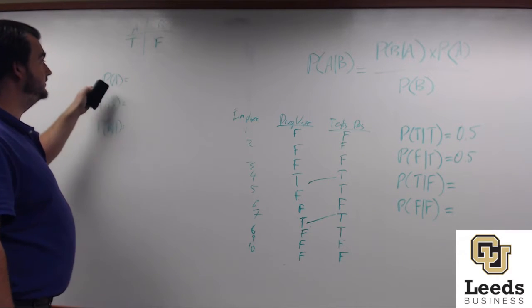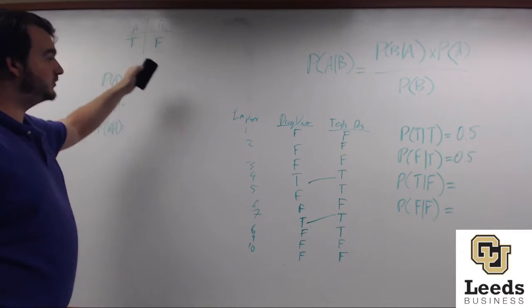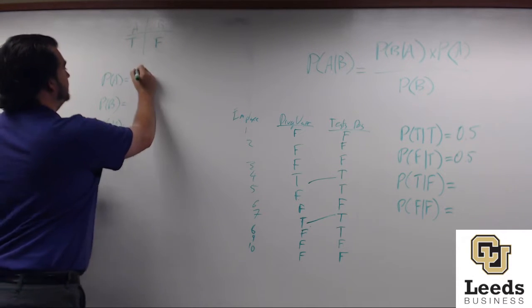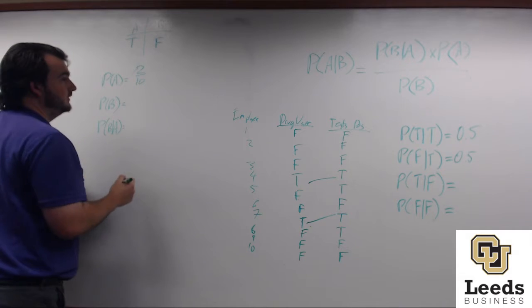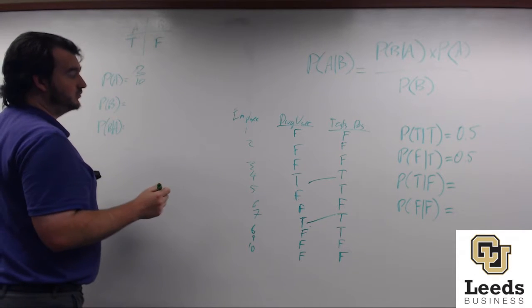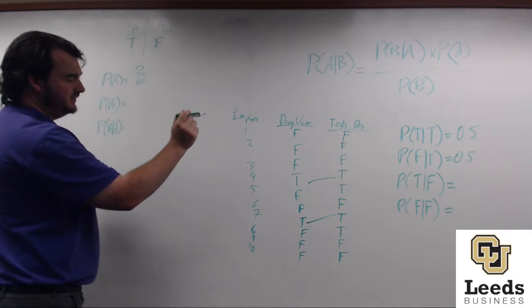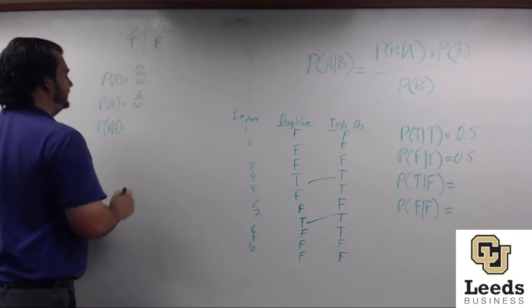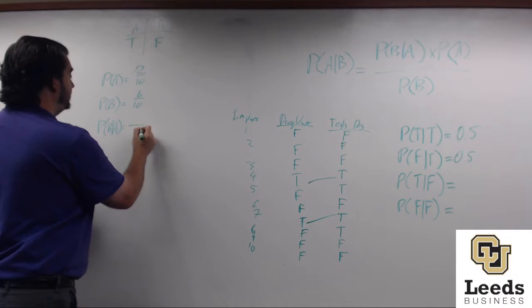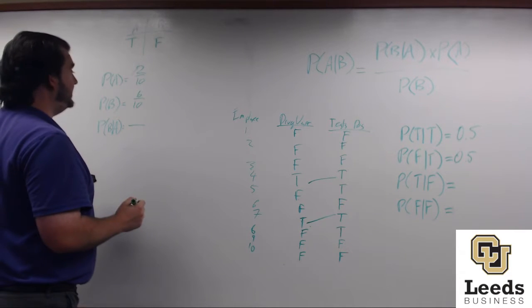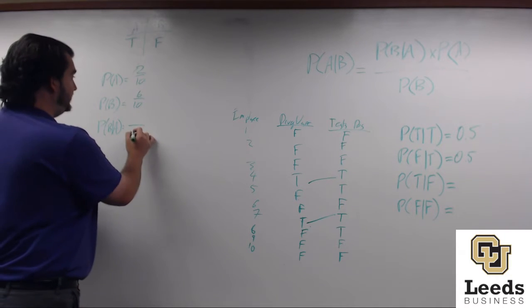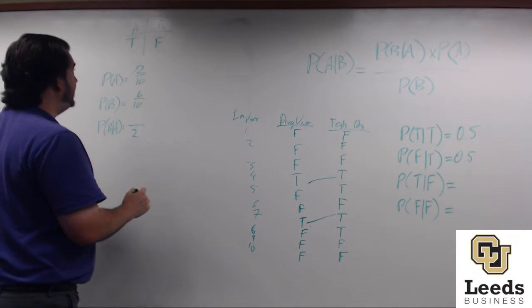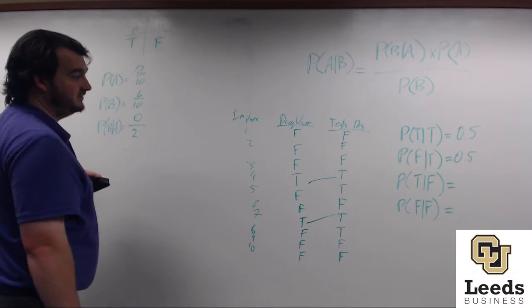So, A is true 2 out of 10. B is false 6 out of 10. Of the 2 times that A is true, how often is B true? How often is B false? 0.